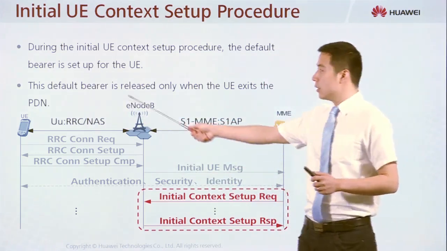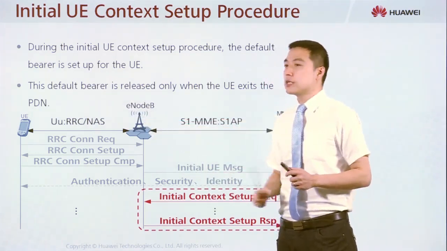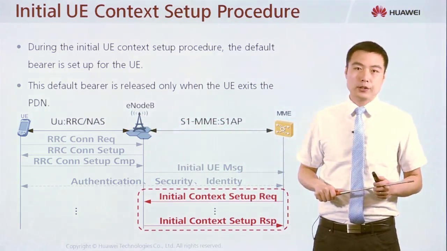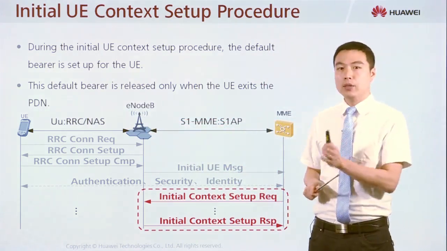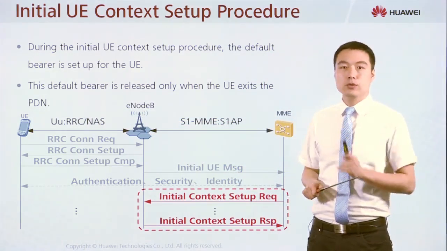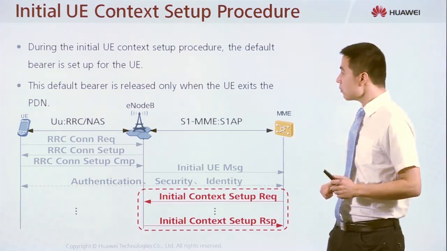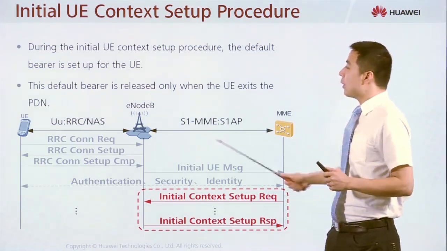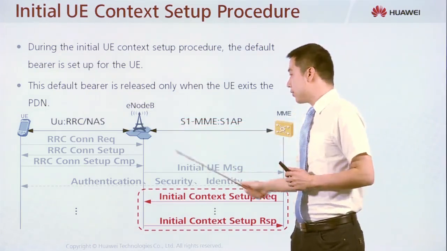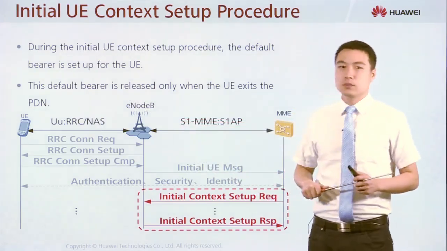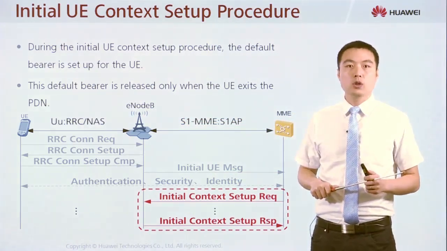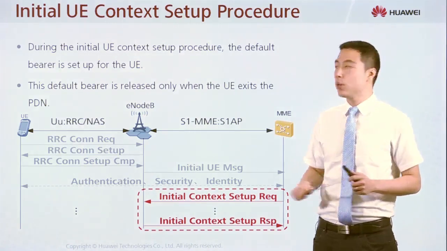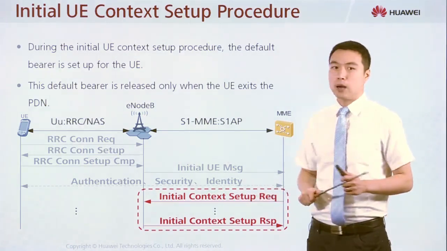We can consider this default bearer just like a default IP connection between the UE and the PGW, between the UE and the PDN. We will allocate this default bearer after the UE passes the authentication, during the attach procedure.